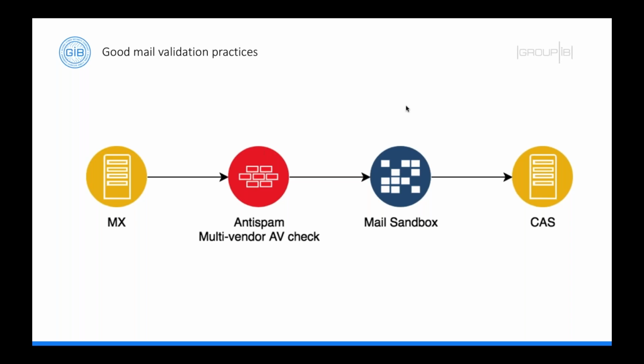So it's always good to cut out all the garbage before the sandbox, because sandbox analysis in terms of money is expensive, and if you want to analyze all the garbage, it will just hit your pocket.